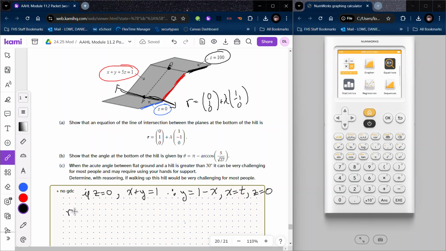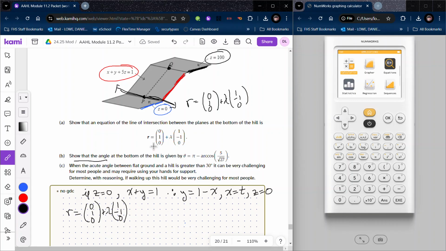So my equation would thus be the x value, the y value, the z value, plus my directionality. In the x direction, x is directly related to itself, y is related to negative x, and z is 0. It's not related, it's always 0, so it's never going to change. So there I have my equation.